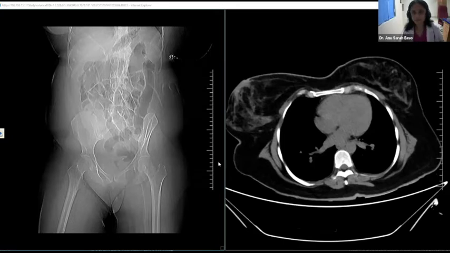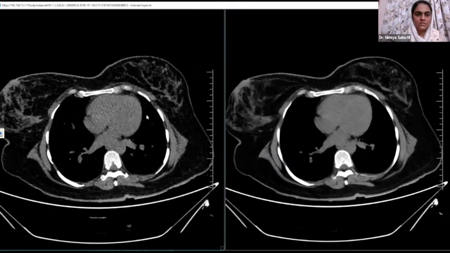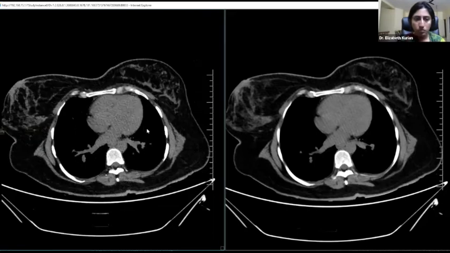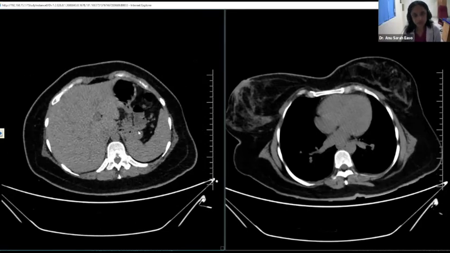These are CT images of that 31-year-old lady with acute abdominal pain.